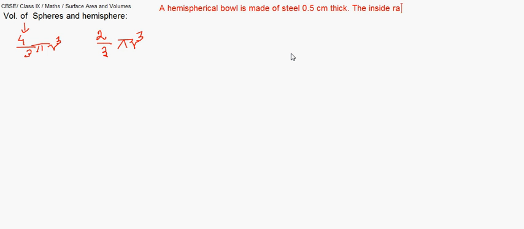The inside radius of the bowl is 4 centimeter. We have to find the volume of steel used in making the bowl.